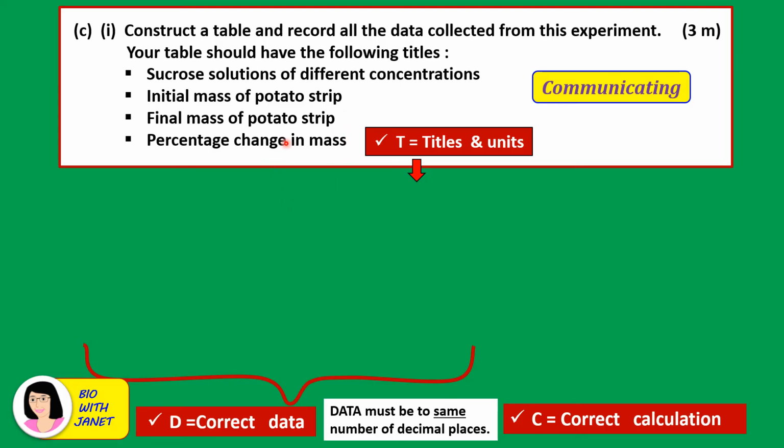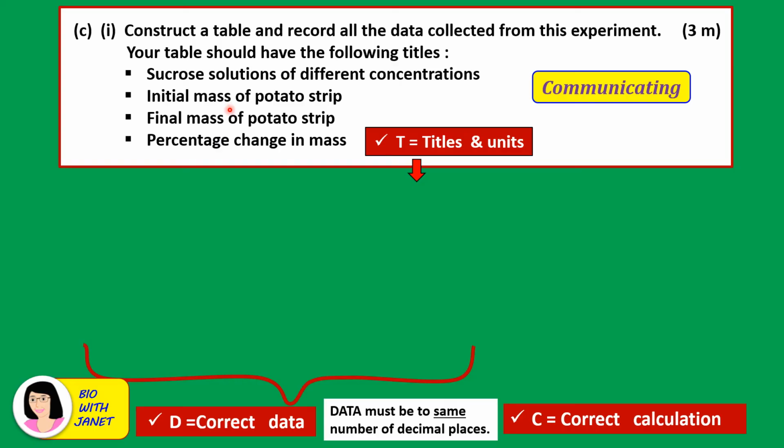All right, next you have to construct your table. So there are 4 different columns for you to fill in. Draw up a table with 4 columns, and since there are 3 solutions, there are 3 rows, plus the titles, so it'll be 4 rows.